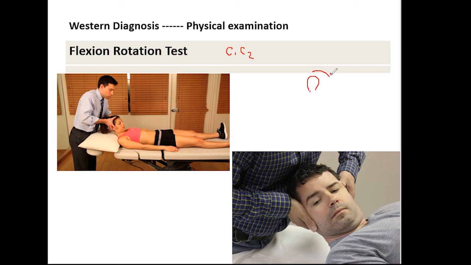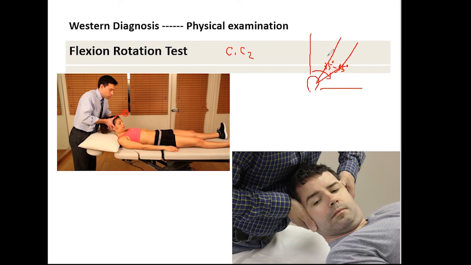Normally, head rotation is about 35 to 45 degrees on both sides. In the video, they used a tool to see how many degrees the head rotates. But even if we don't have that tool, we can still measure: that's 90 degrees, that's 45 degrees. So we can still estimate about 35 to 45 degrees without special tools.